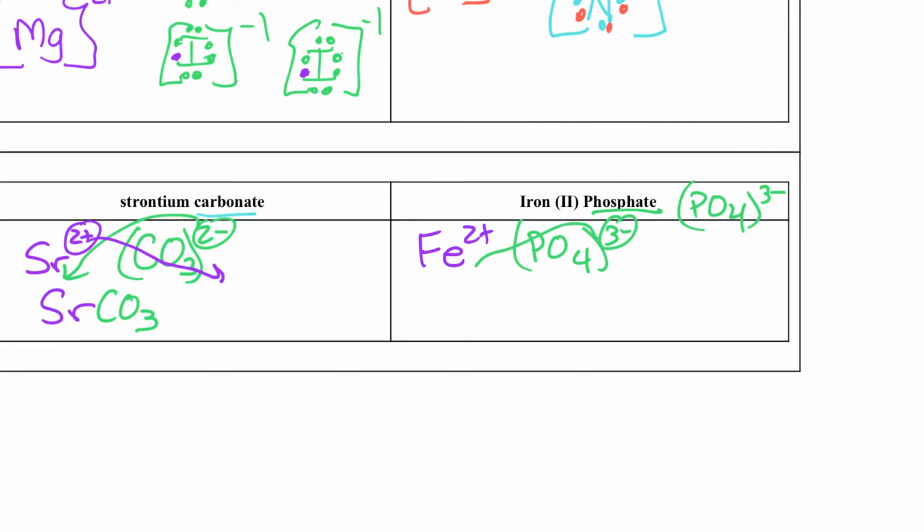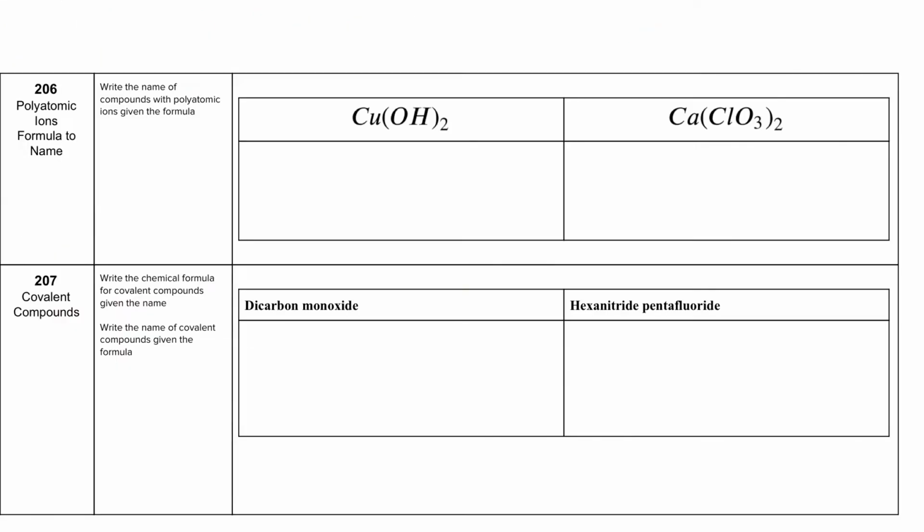I need to crisscross and write my charges down there. And so I'm left with Fe3(PO4)2. And you need to put those parentheses around the PO4 because there are 2 different groups of the phosphates. And remember, they're like girls going to the bathroom, they stay together. So you need to represent them staying together by putting parentheses around them.